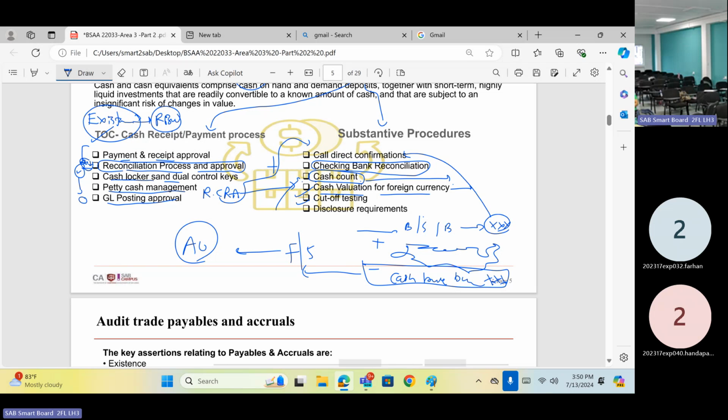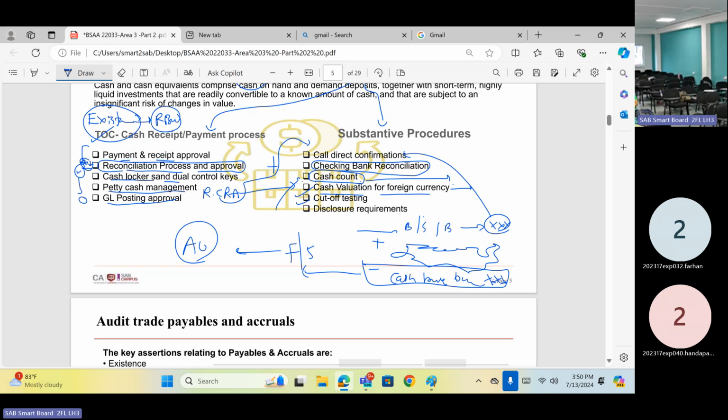So if it is so, what we have to do? That cash we recognize in the balance sheet as an asset, right? So then cash cut-off testing should be addressed for two different aspects, cash receipt and the payment side.